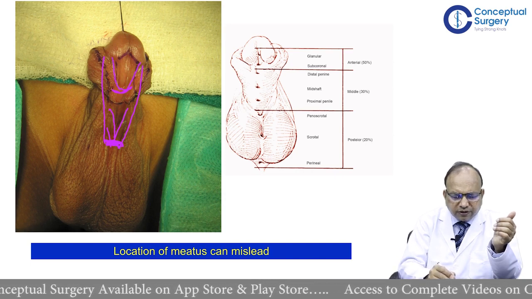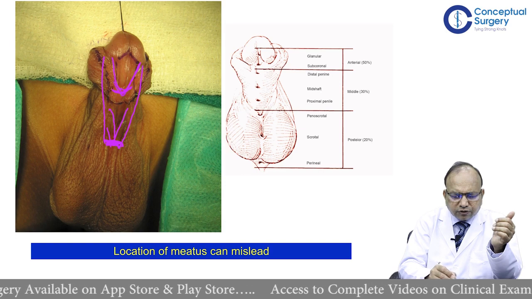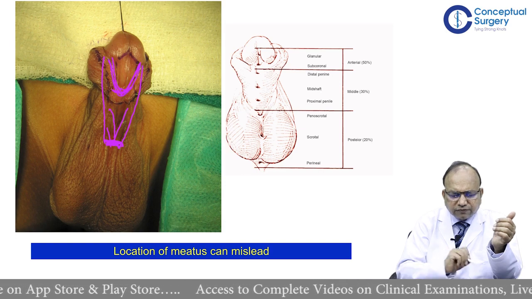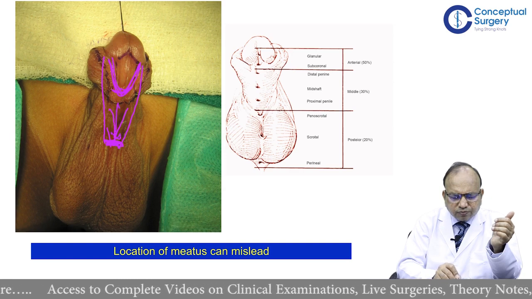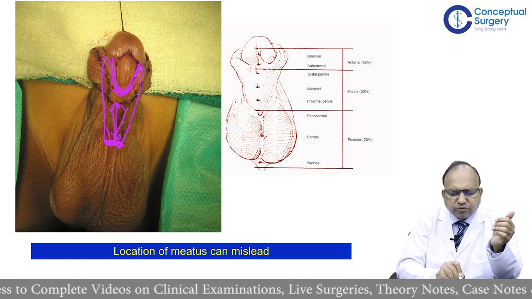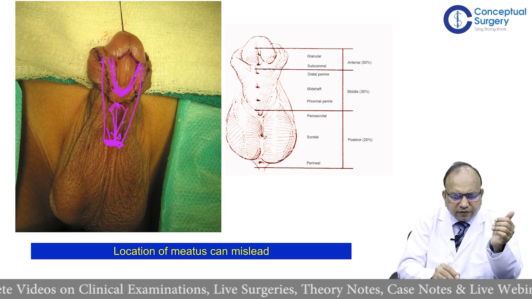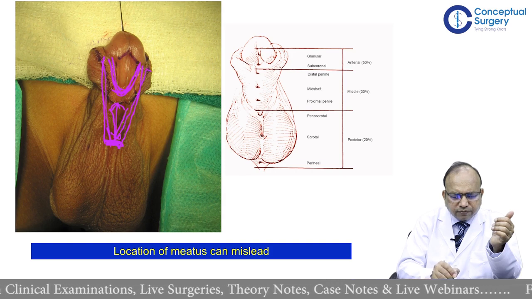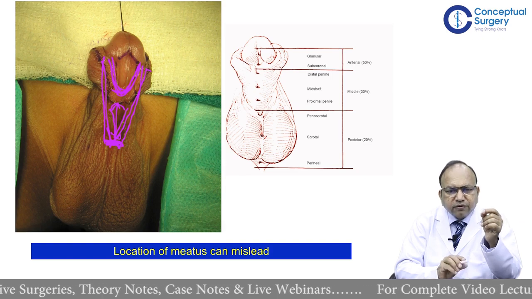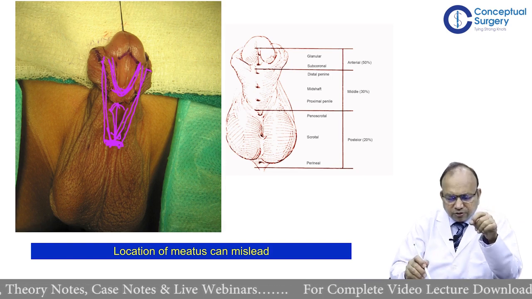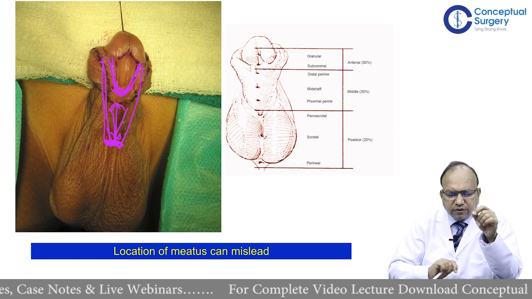If you consider the meatus as the starting point, then this is the triangular defect. But when you consider this skin also proximal to the meatus, then the defect becomes like this. So it's a much more severe anomaly, and this is what I meant when I said that the meatal location itself can be misleading.